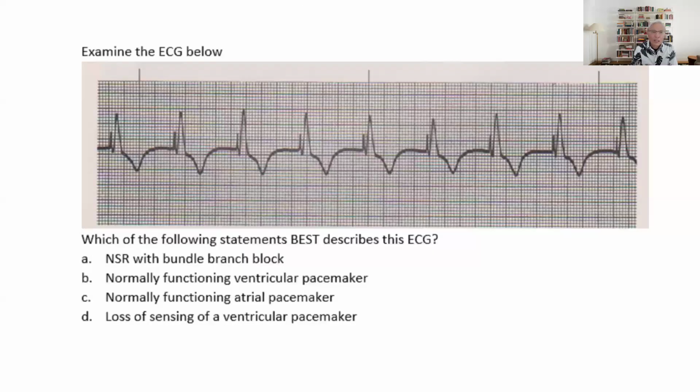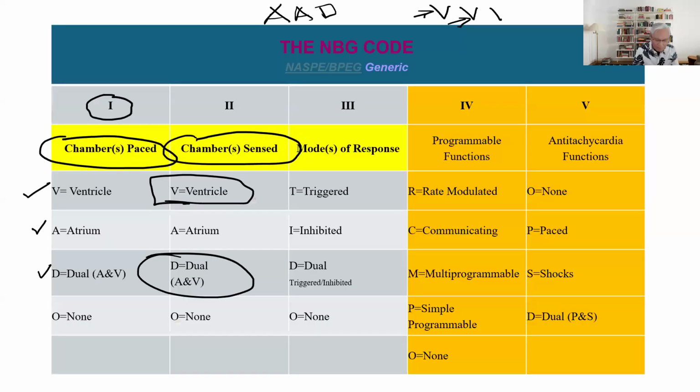Okay. Let's take a look. Anytime a pacemaker fires, it will be seen in the electrocardiogram as a vertical line.